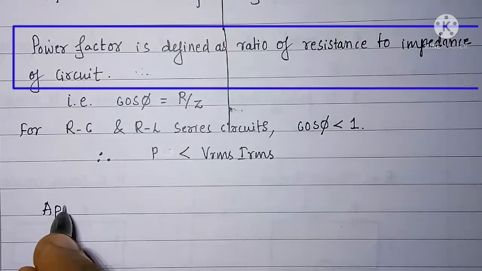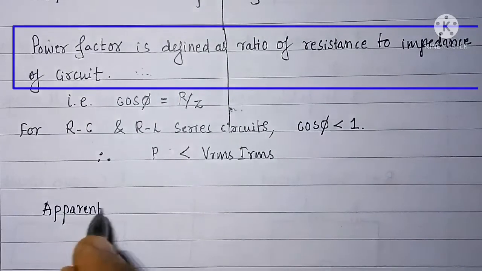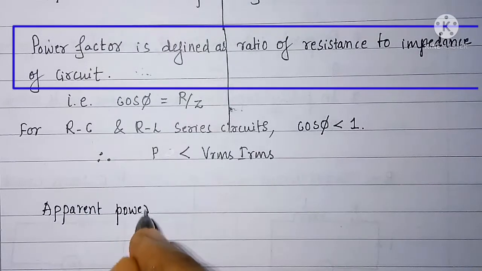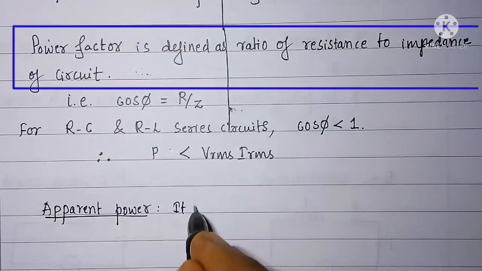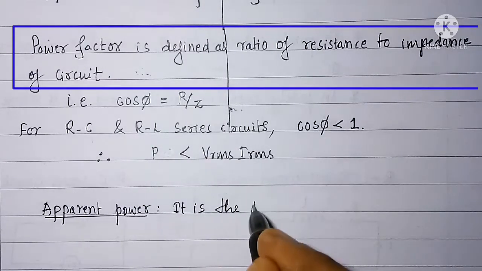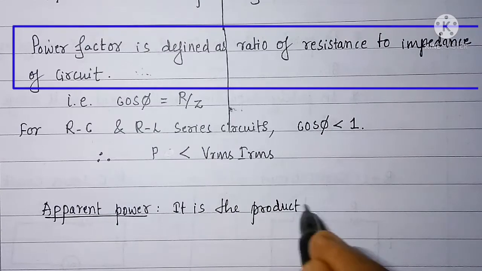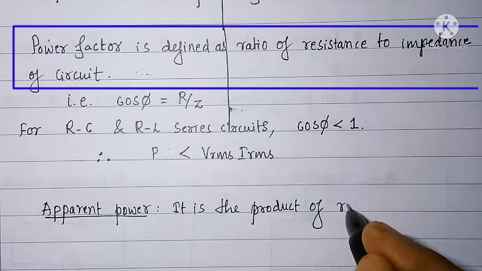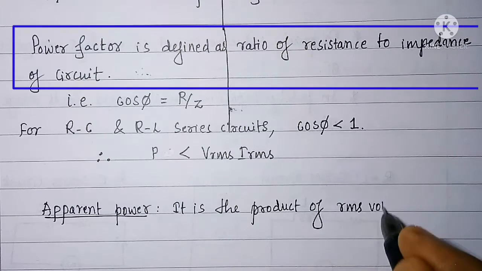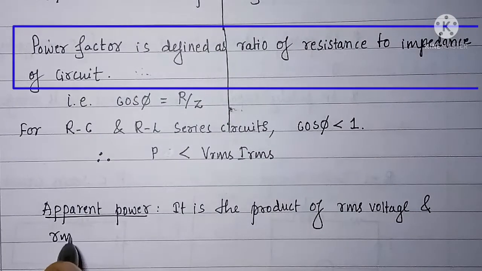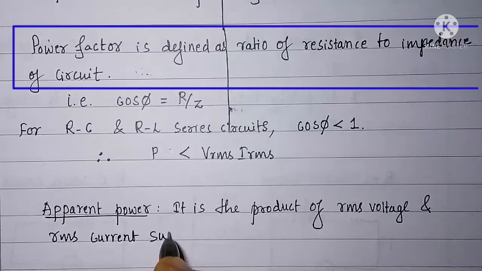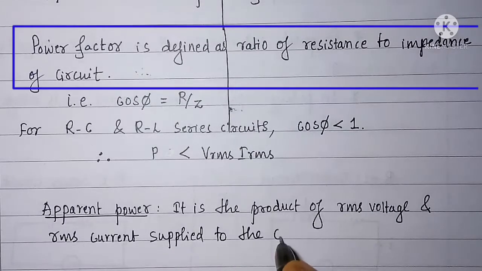So we'll write the definition for apparent power. It is the product of RMS voltage and RMS current supplied to the circuit.